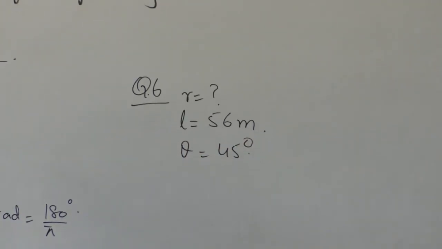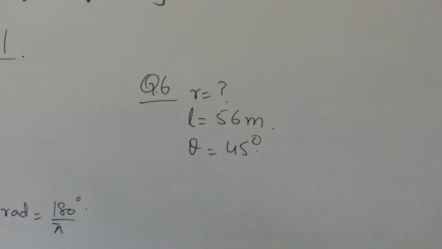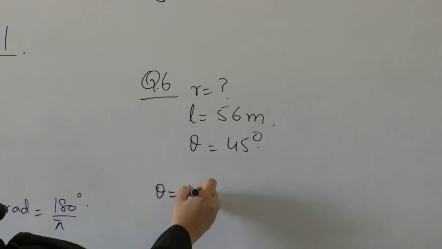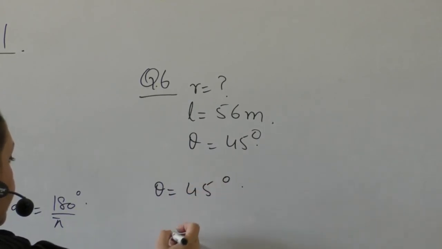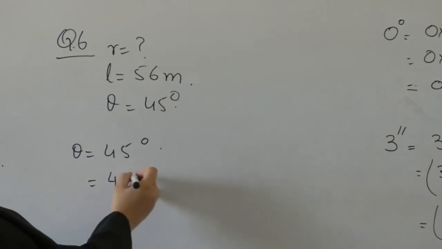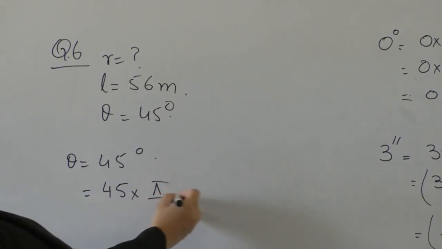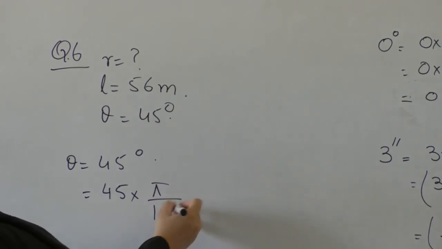This is not in terms of radian. So first of all, we need to convert this theta into radian. Theta is equal to 45 degree. Convert this degree into radian. As I just already told you that theta is equal to pi by 180 radian.